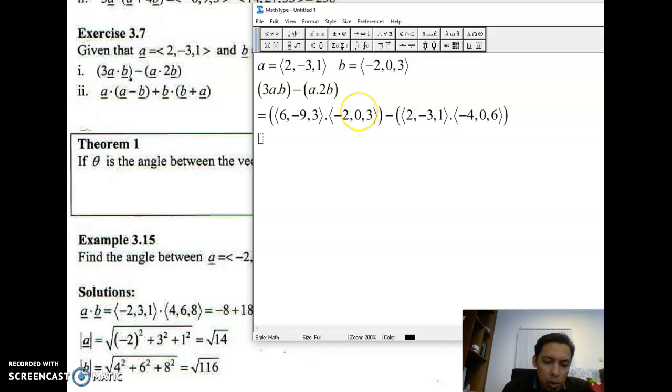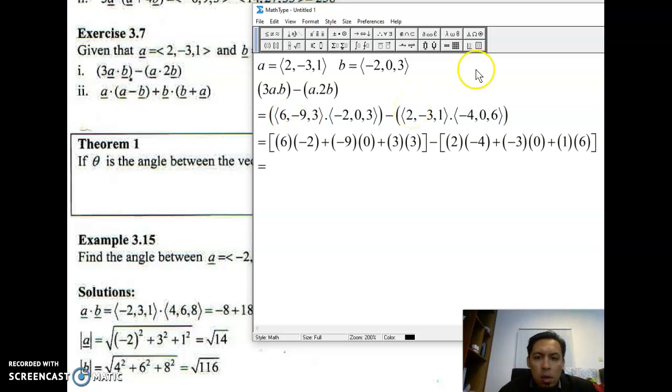So let's apply a dot product for these two. Okay, so this is how we conduct a dot product, as you can see here. When conducting a dot product for these two vectors, 6 times -2 plus -9 times 0 plus 3 times 3, and the same goes for this side.